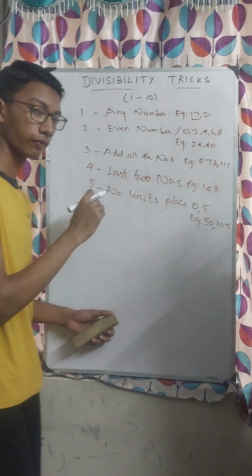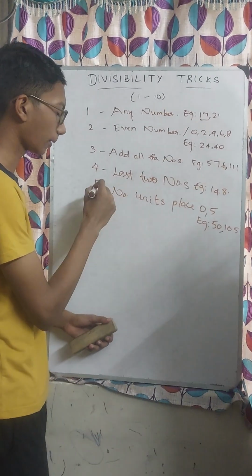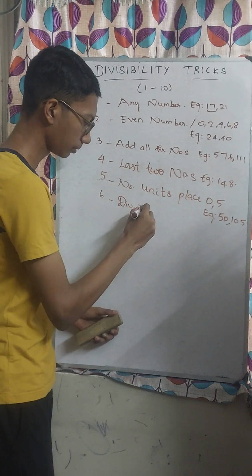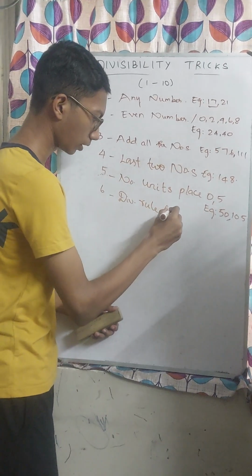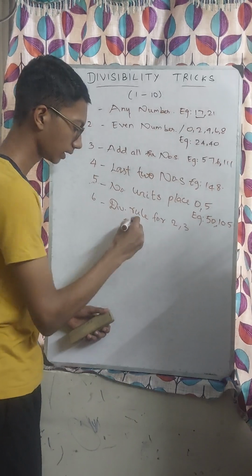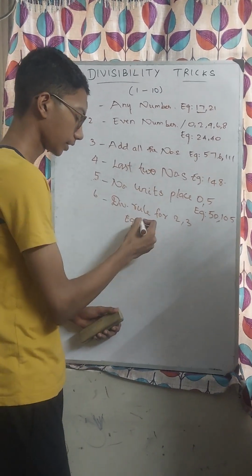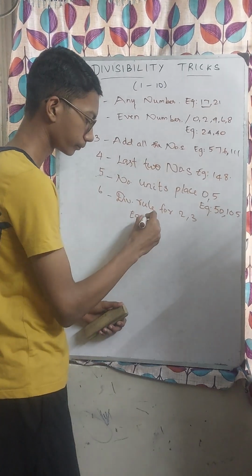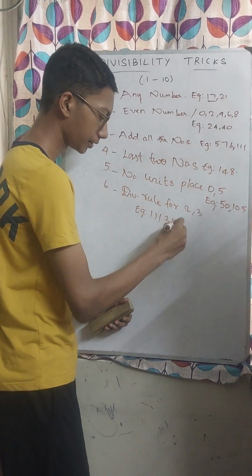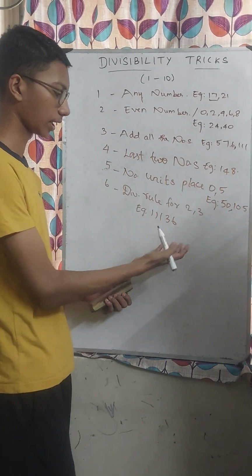Now for 6, this is interesting. The divisibility rule for 6 is, we just need to apply the divisibility rule for 2 and 3. Let's take an example. Let's say we have a number like 11136. Let's say this is the number, just a random number.